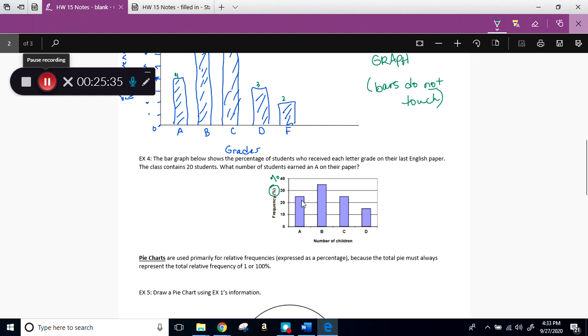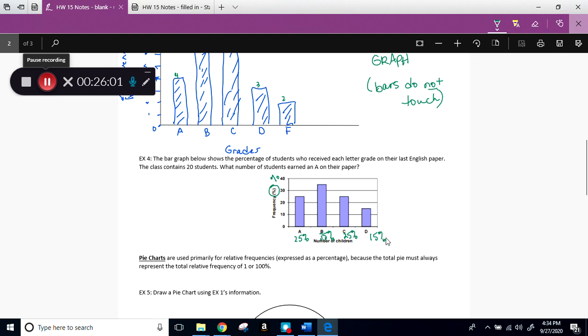Well, if you look at this, if this is on percentage, you can kind of see that A's is 25%. B goes up here between 30 and 40, 35%. C's is kind of here again between 20 and 30, 25%. And then D's is 15%.